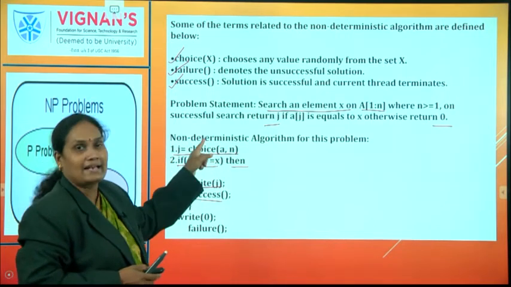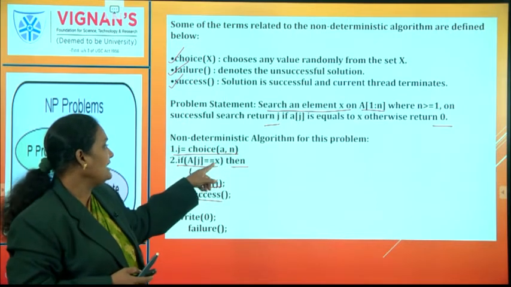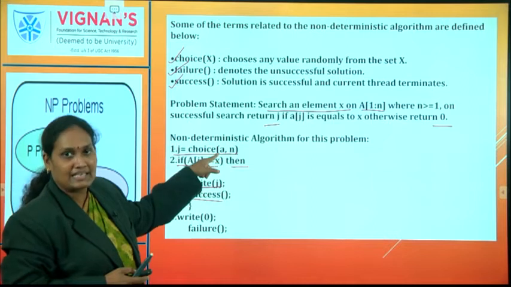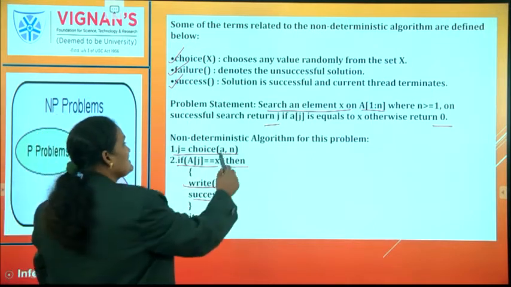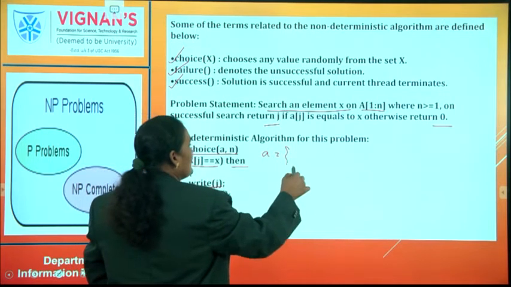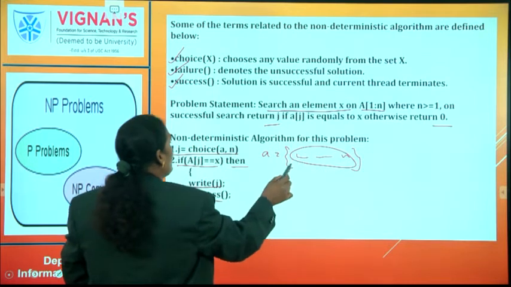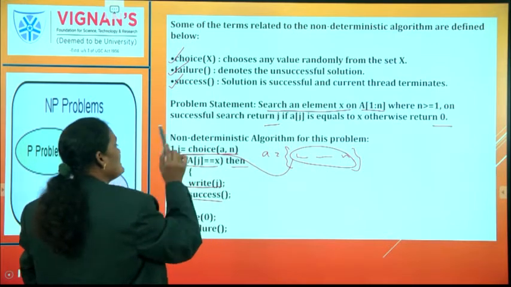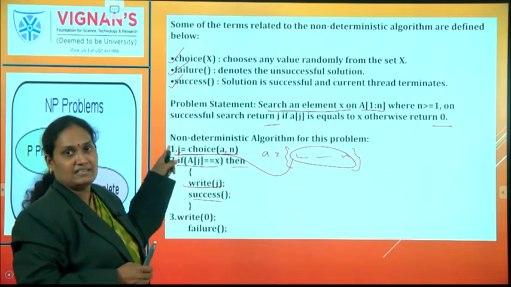Choice is a random function which selects randomly an element from the given array A which contains n elements. Out of these n elements, one element is randomly selected. That selected element's index is represented with j.